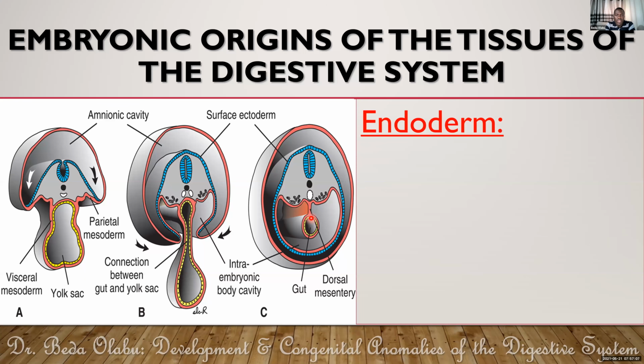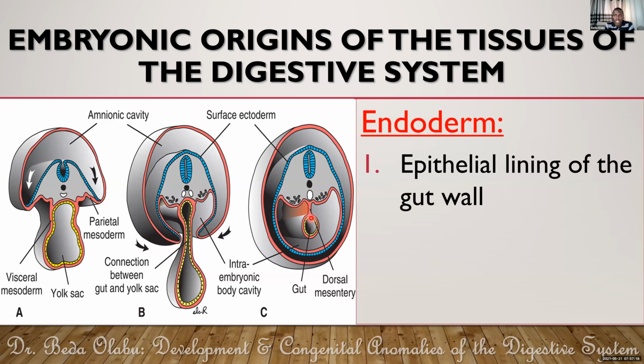So by all means, the endoderm must participate in the formation of the different tissues of the digestive system. In particular, endoderm gives rise to the epithelial lining of the gut wall. So think about the epithelium of the esophagus, of the stomach, of the intestine, the epithelial lining of the gut wall, whatever type of epithelium it is, it comes from endoderm.